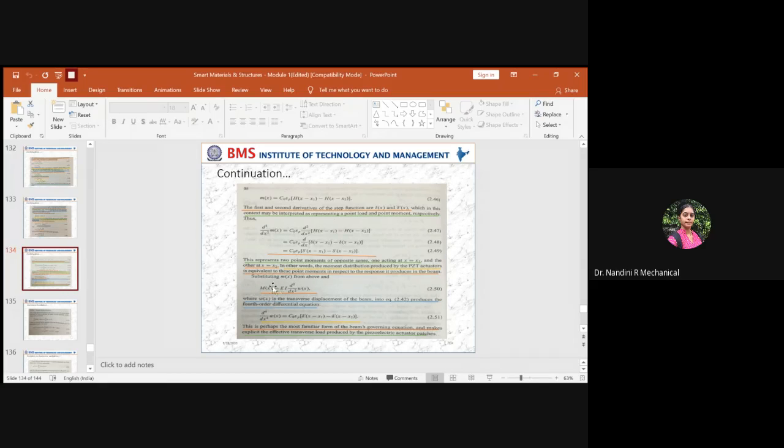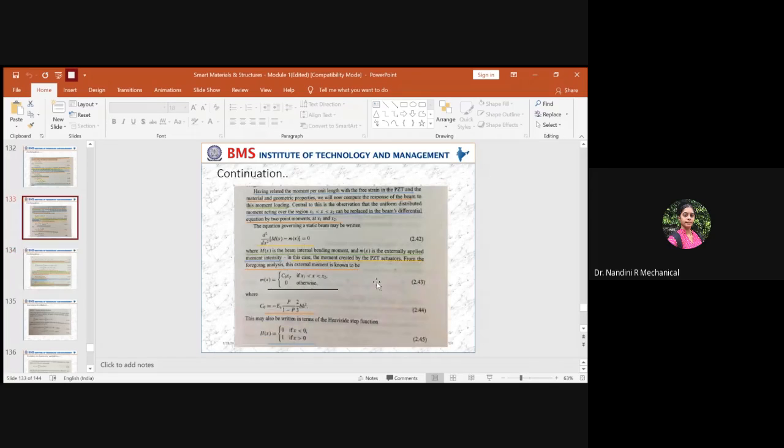So for internal bending moment, you will write it as equal to EI into d square by dx square of W of x, where W of x is nothing but the transverse displacement of the beam. So when you put this transverse displacement into equation 2.42, so where is our equation 2.42?